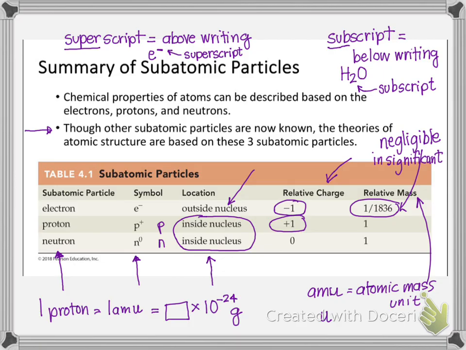That's because it's so small when you compare it to the mass of the protons and the neutrons. So on this slide in table 4.1, all of this information you do need to learn and be able to use, recall and apply to different situations. Okay, so that's important. Flashcards might help you.